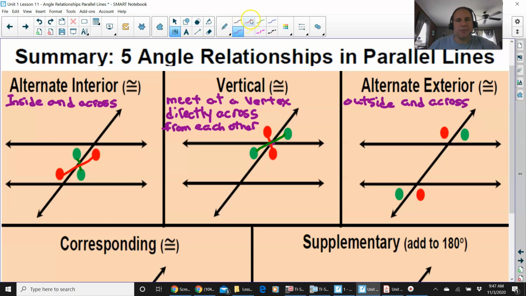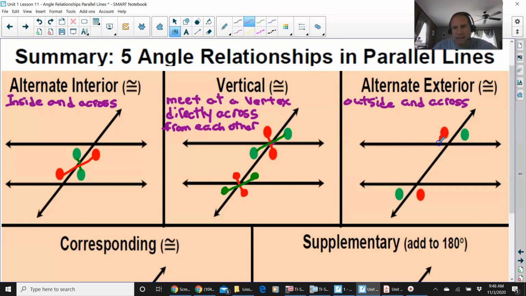So just before we go on, please go ahead and put the vertical, make your dots here, and a dot here, and make it go across like that, and then also a dot here, and a dot here. We can't forget about these vertical angles. Makes it go across there. All right, so let's talk about alternate exterior. I already put outside and across.